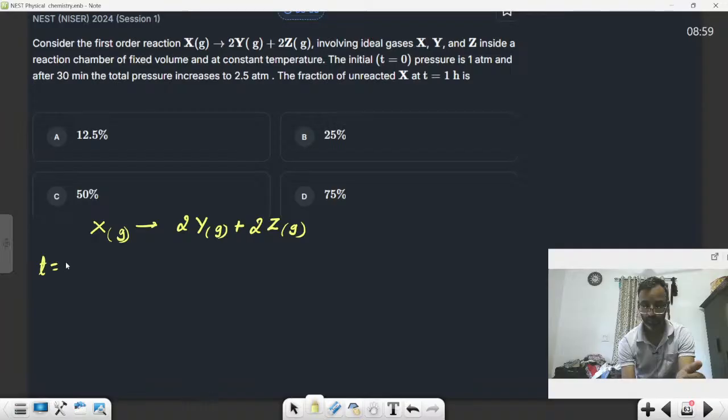Initially at time t0, pressure is 1 atmosphere, and after 30 minutes, X is 1 minus P, and Y and Z are 2P each.